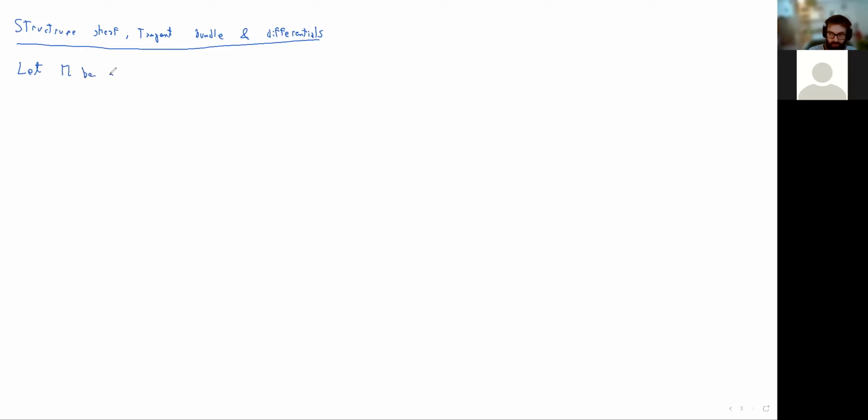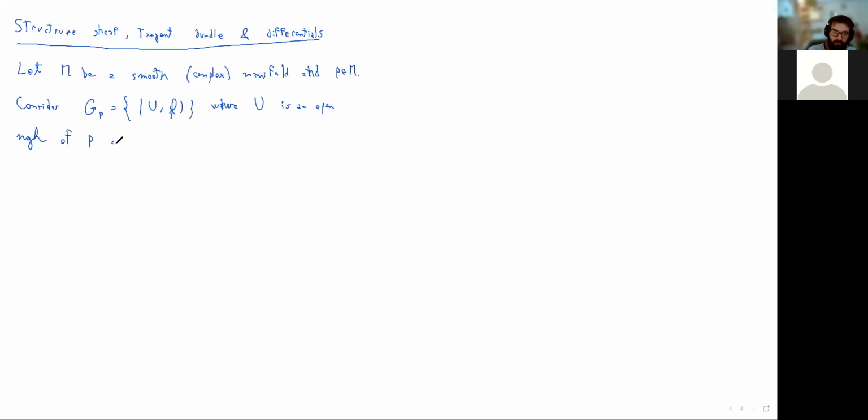So we take a smooth or complex manifold, and we fix a point P. We consider G_P to be the set of all such pairs (U, f), where U is an open neighborhood of P, and f is a smooth function on U, or in the case of a complex manifold, a holomorphic function on U. Okay.